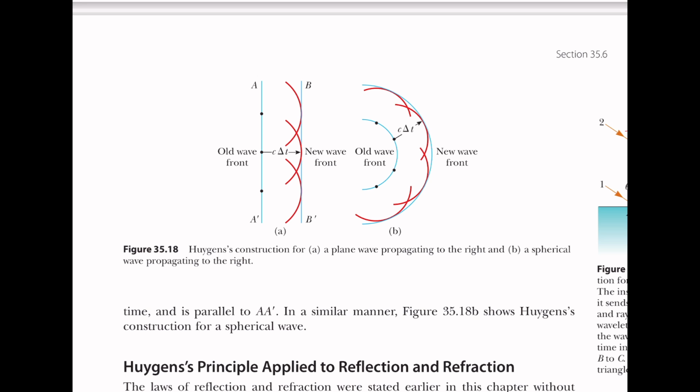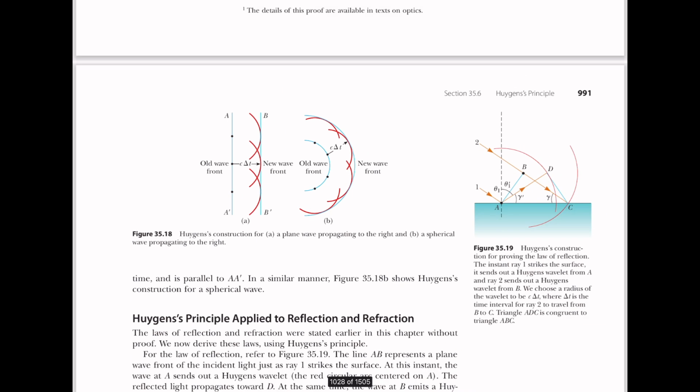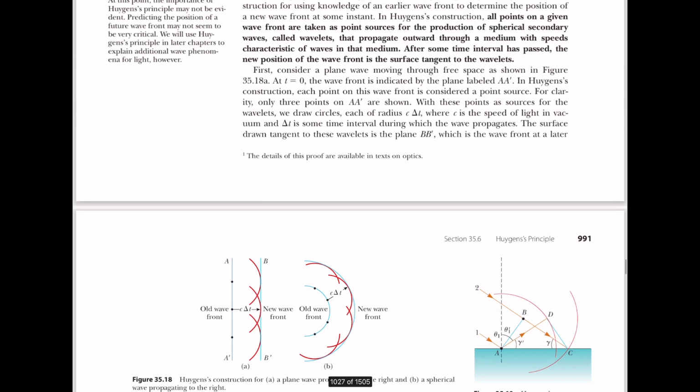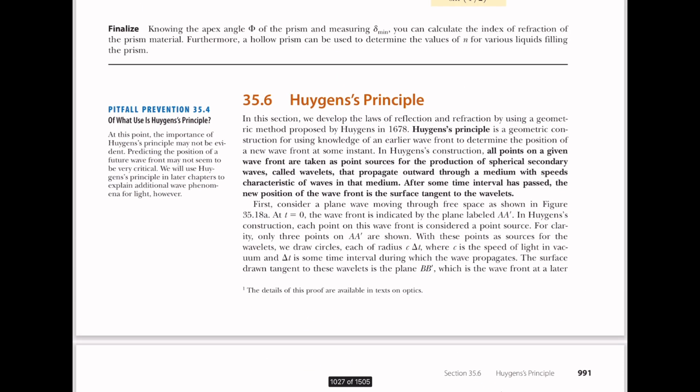You see some letters, A and A prime, B and B prime, and then part B is the same thing but in a circular looking shape. Okay, so if this doesn't really make sense to you, it's okay. It's just good to see what the image is. So we'll go back and read that again.